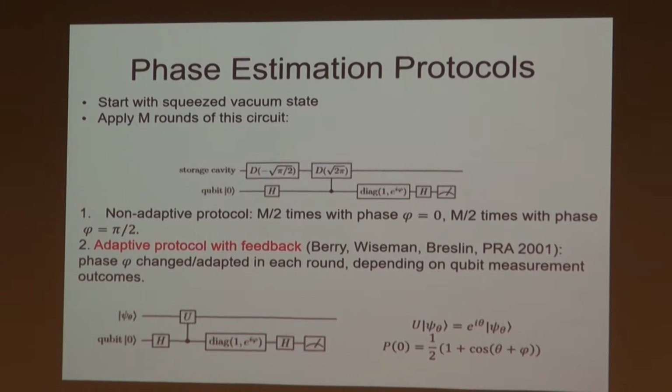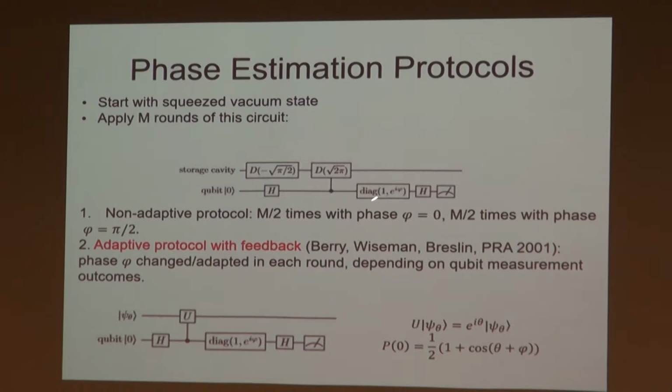And we do this M times. Then we ask, how good a state do we prepare by this? How many photons do we use, and how good is this state? There are two protocols, one in which these phases are preset. They're either 0 or pi/2, and we're not changing them. Then there's a protocol with feedback in which these phases are changed.